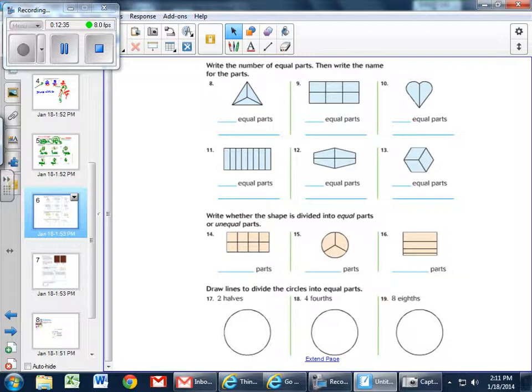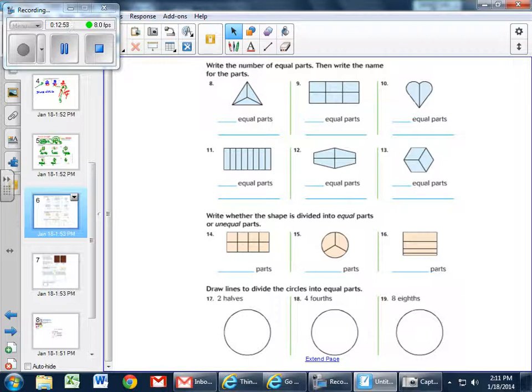And turning the page, this is on your own page. So I'm going to go over the directions with you, but you're going to actually come back and do this after we do our problem solving page. So you'll do this on your own. Number 8 through 13, it wants you to write the number of equal parts, then write the name of the parts. I want to see you actually numbering inside of the shapes.